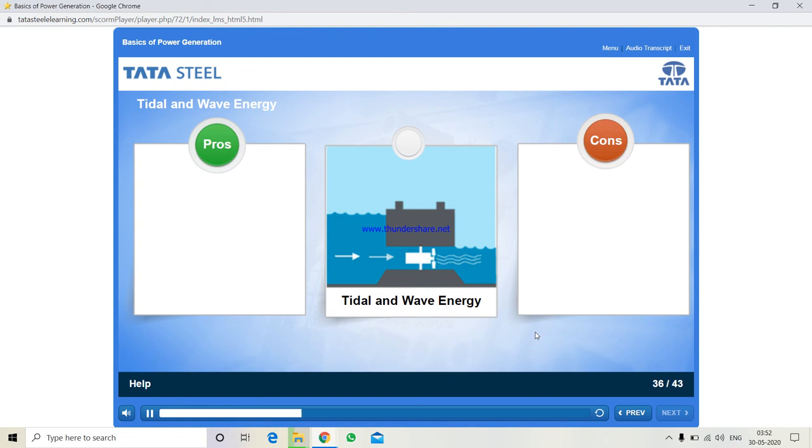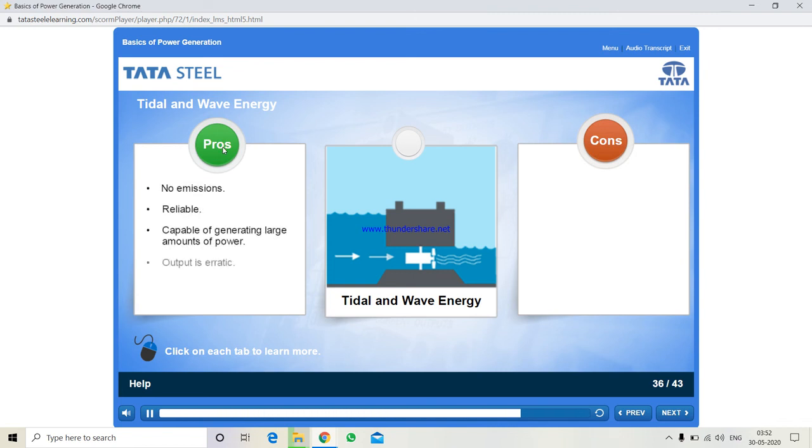These are the pros and cons of tidal and wave energy. No emissions, reliable, capable of generating large amounts of power. Output is erratic.